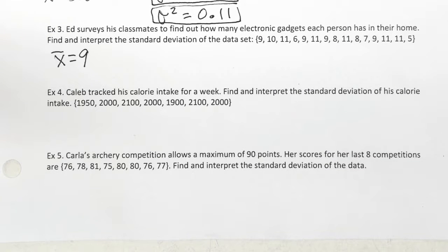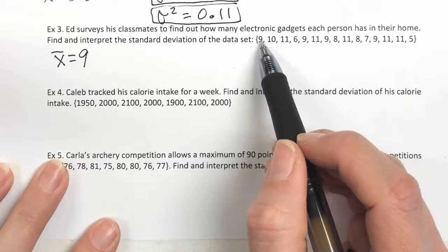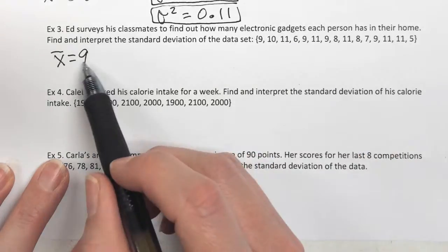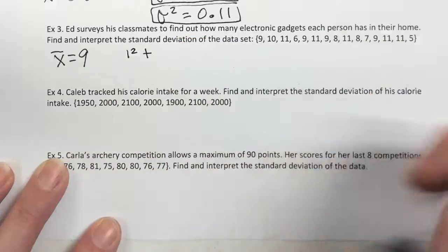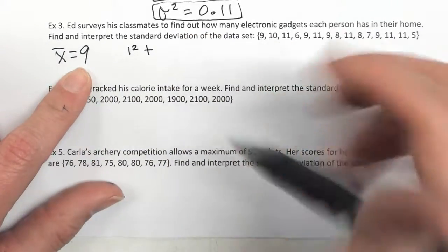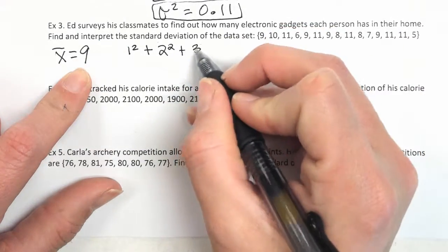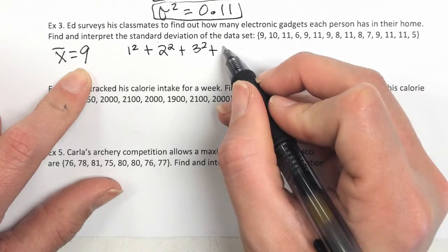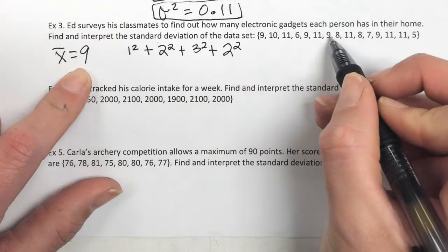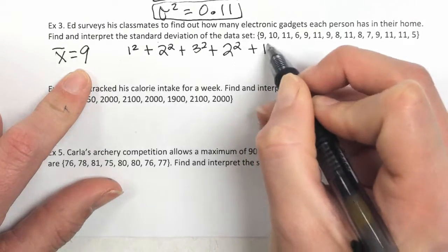Alright, we'll write it out this time, and this one's not going to be hard because the numbers are kind of close together. So what's the difference between 9 and 9? What's the difference between 9 and 10? So 1 squared. What's the difference between 9 and 11? So 2 squared. 9 and 6. Next. Good. Next. Next. So next. Good.